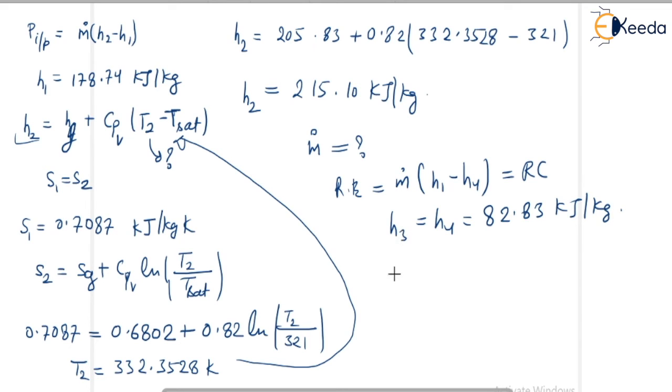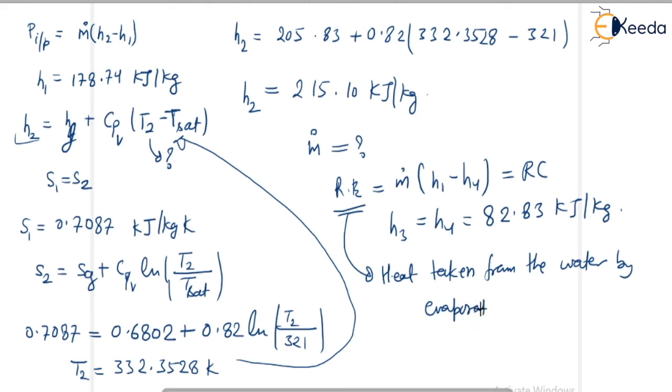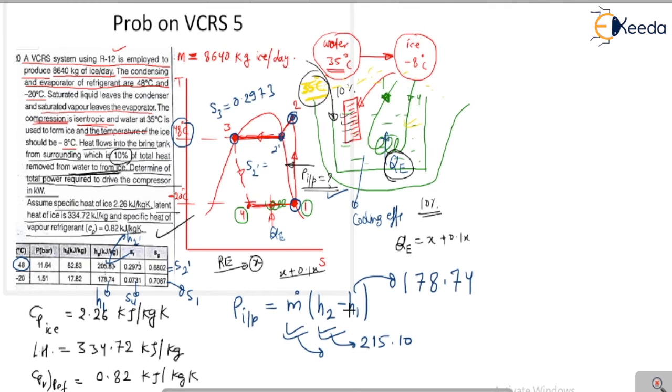When we go for refrigeration effect, that means heat taken from the water by the evaporator. In this figure, this QE, heat taken by the evaporator from the water, is also known as RE.